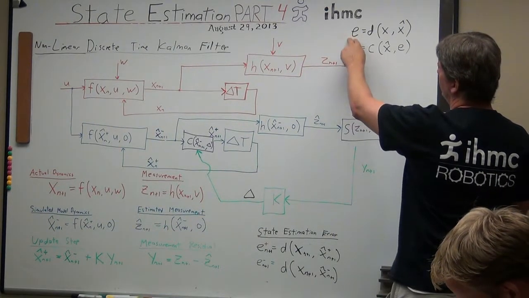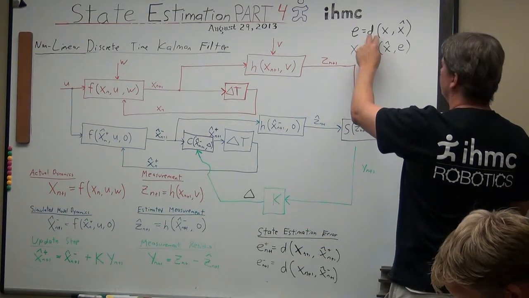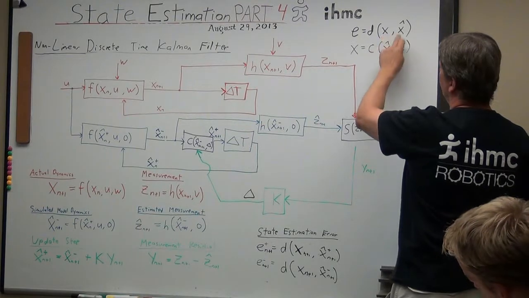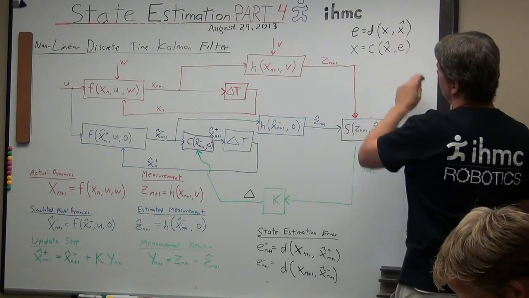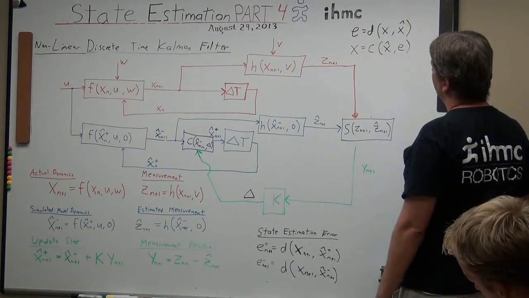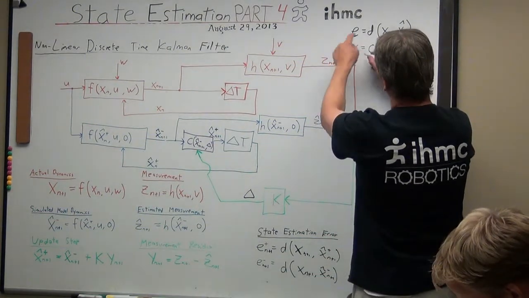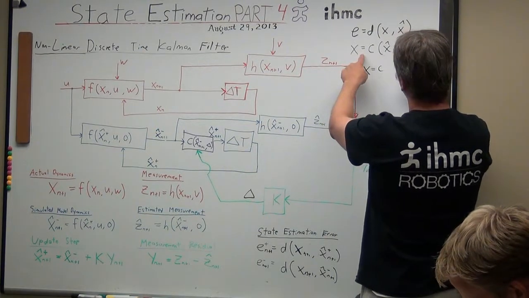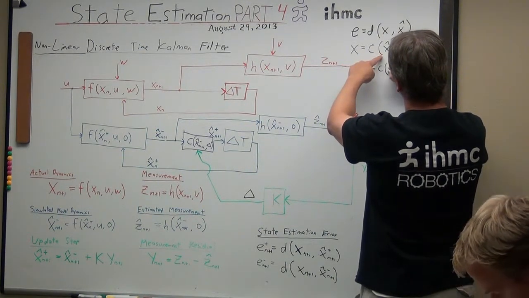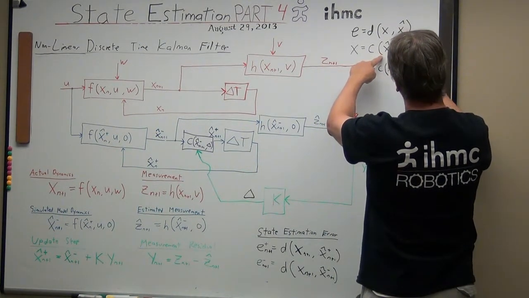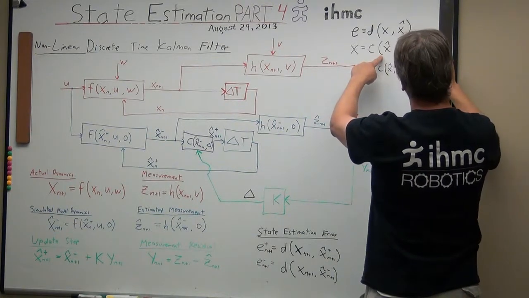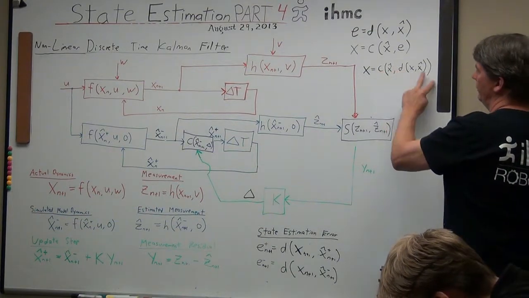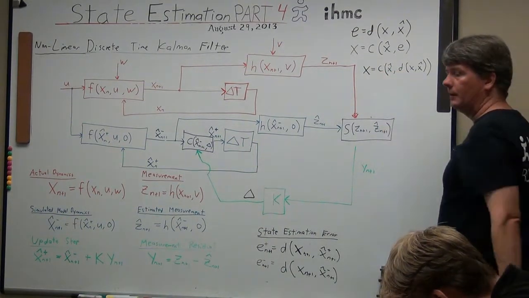And your error is defined as the difference in some sense between the true value and your estimate. So, putting these together, we have the constraint that x equals c of x hat comma d of x comma x hat. So your C and D functions are kind of inverses of each other in this sense.